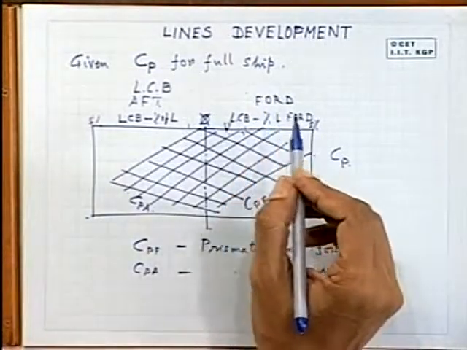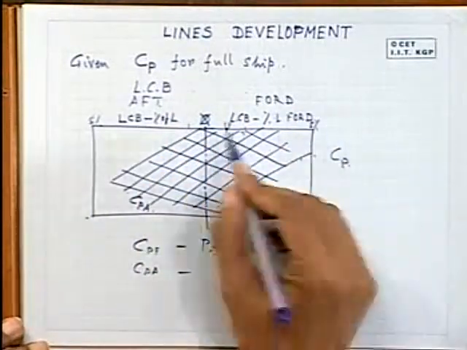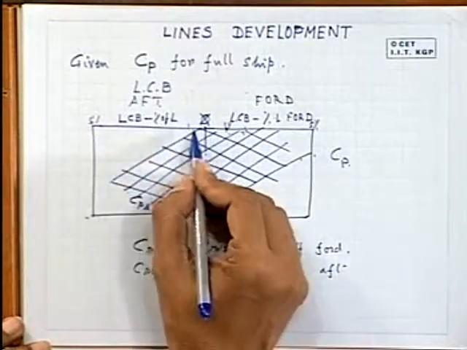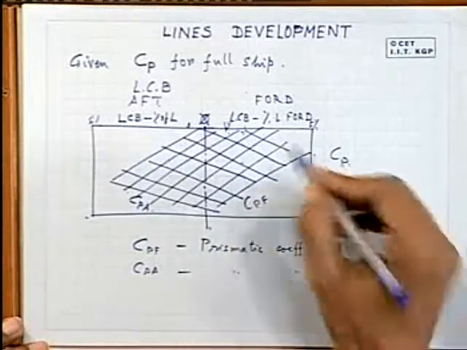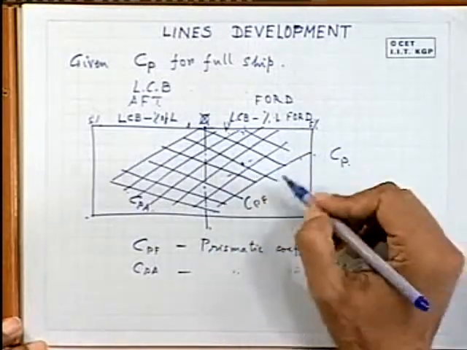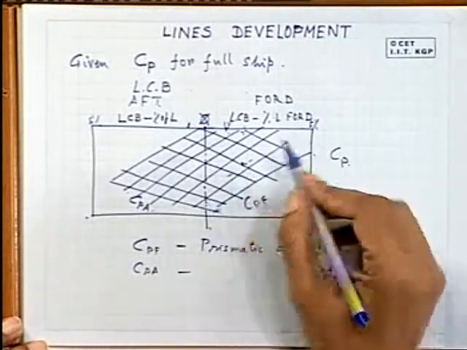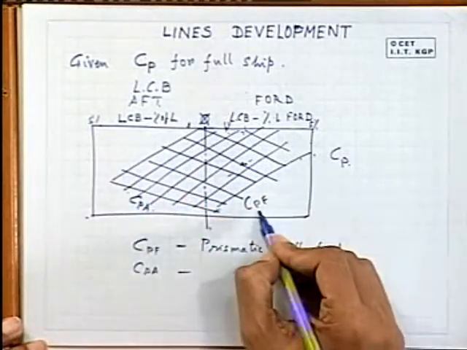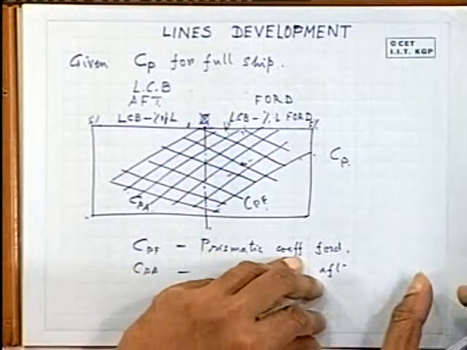So given the full ship CB and the LCB position, you can refer to this diagram whether your LCB is forward of midship or aft of midship, and here you have 1% to 5%. You can straight get a point, and here you can interpolate and find out the value of CP forward from these lines, and from these lines you can calculate the CP aft. So both CP forward and CP aft can be calculated from this diagram.